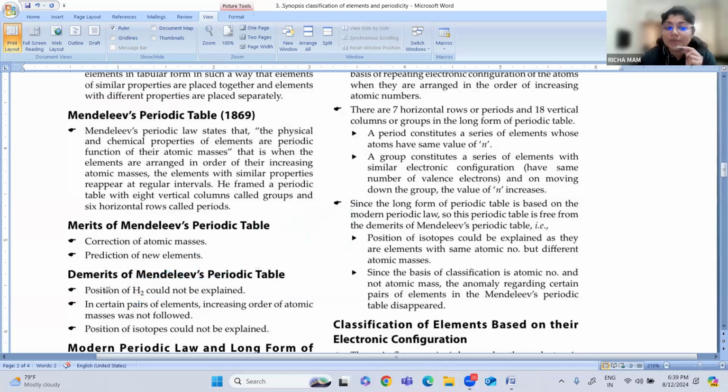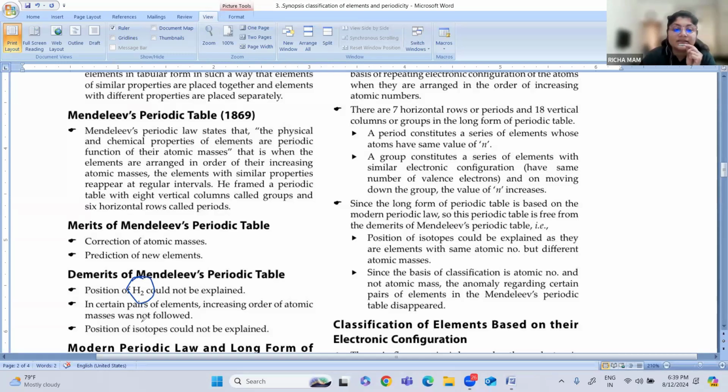So in Mendeleev's periodic table, the position of hydrogen was not explained. Where is hydrogen placed, or where is its place?